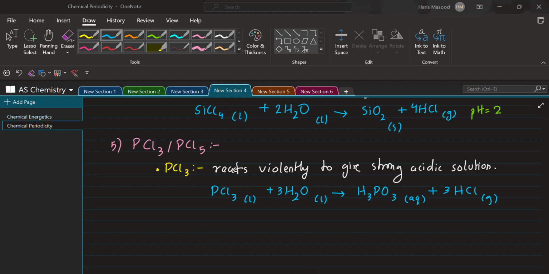The pH will be strongly acidic, which means pH is 2.